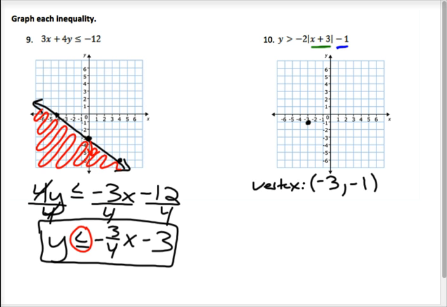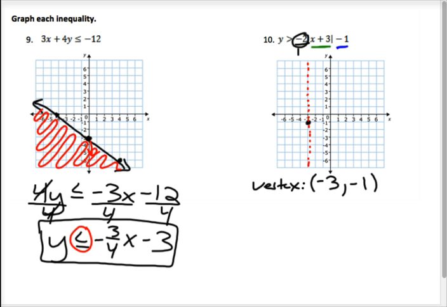And now, once I've done that, that tells me that my axis of symmetry is right there. So as I'm using that slope of -2, I'm getting my other points by mirroring them over that line. Now, as I said, my slope is -2 here.